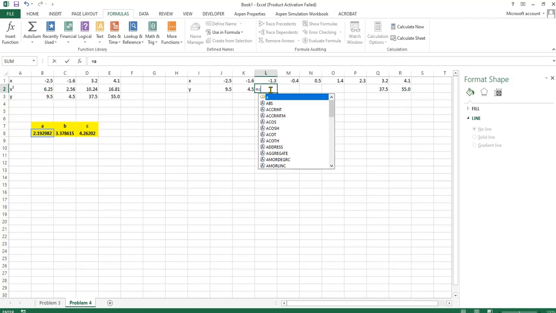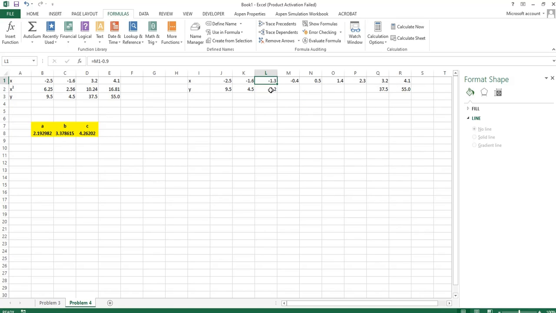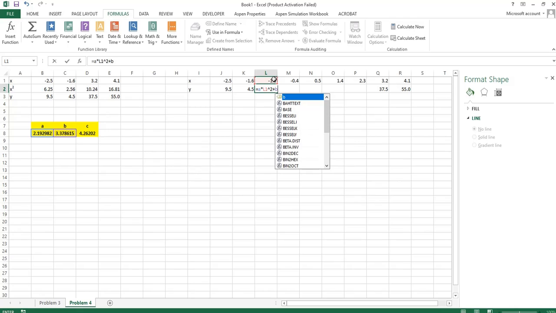As I type in A, say A times this value up here, which is x, so x raised to power 2, plus B times the same, the x value of L1.